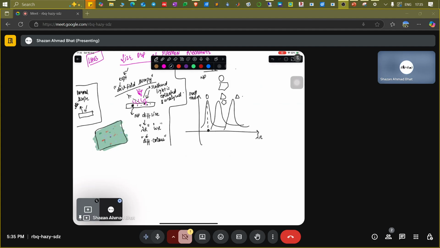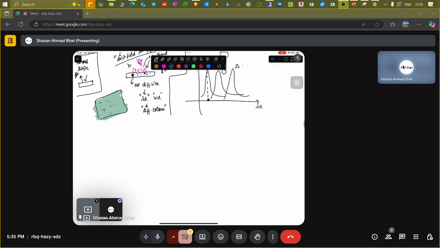And what happens if, among these nanoparticles, one nanoparticle is of size d, diameter d, and d is much, much greater than the wavelength of light? Then you know that the quasi-static limit is not going to hold. What does it mean?